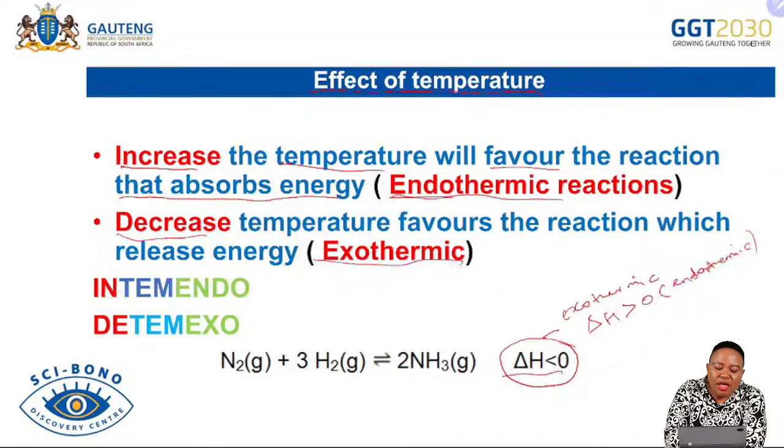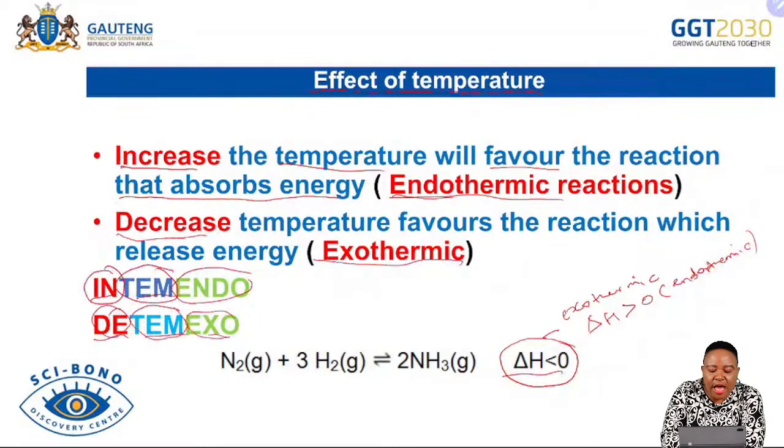We can also use an abbreviation: increase in temperature favors endothermic reaction, decrease in temperature favors exothermic reaction. Now, we can see that our reaction is exothermic, so for us to favor the forward reaction, we must decrease the temperature. We must favor the exothermic reaction.